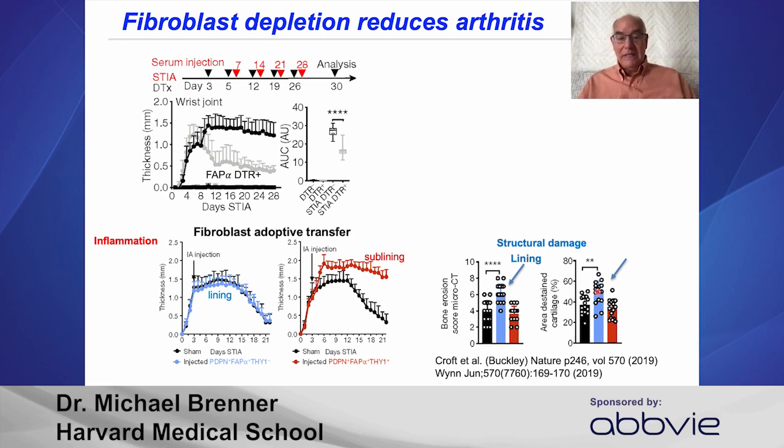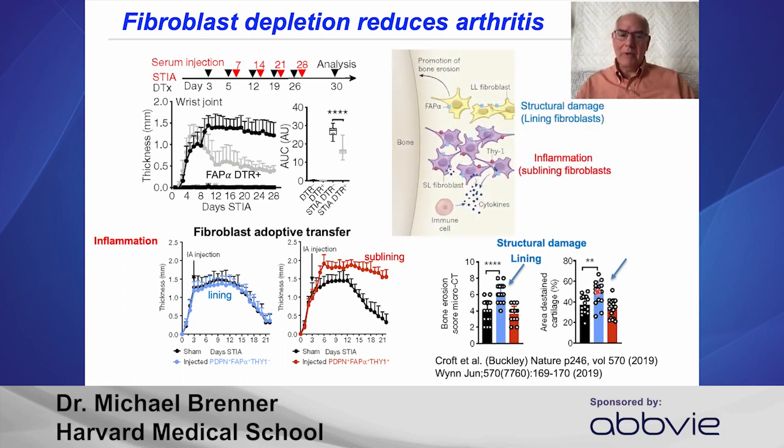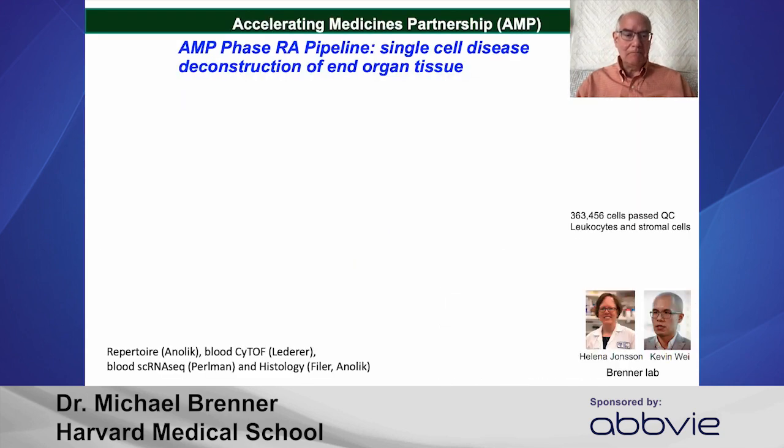So it's the lining fibroblasts that drive a lot of the destruction, and the sublining fibroblasts which drive a lot of the inflammation. That's depicted here in this schematic: the lining fibroblasts mainly causing the damage, the sublining the inflammation.